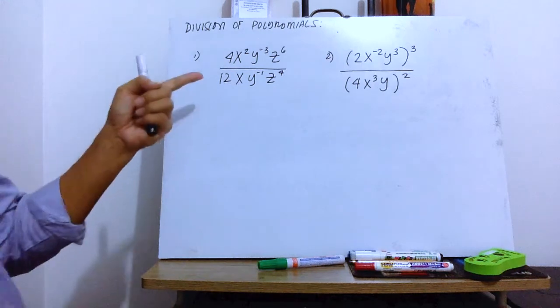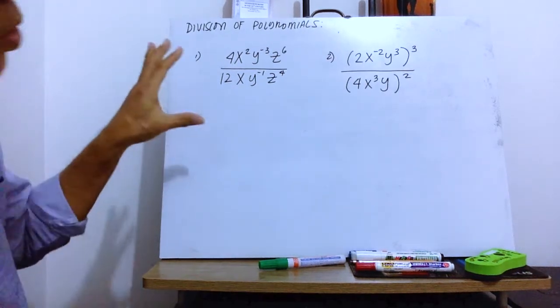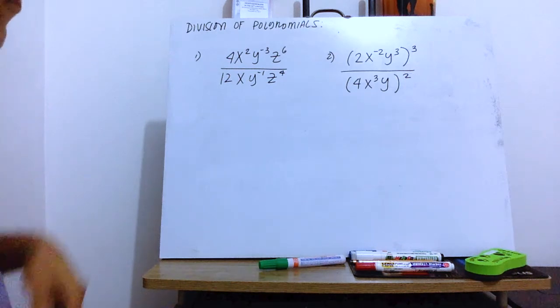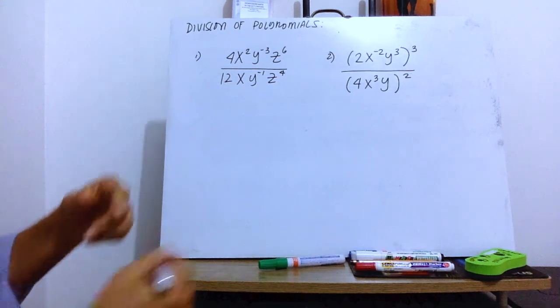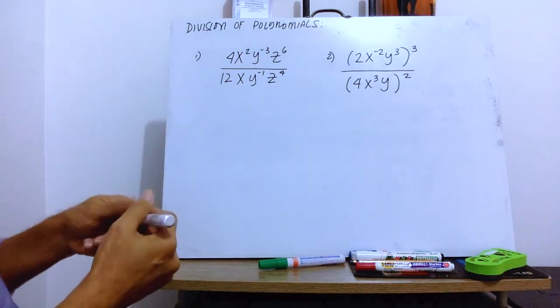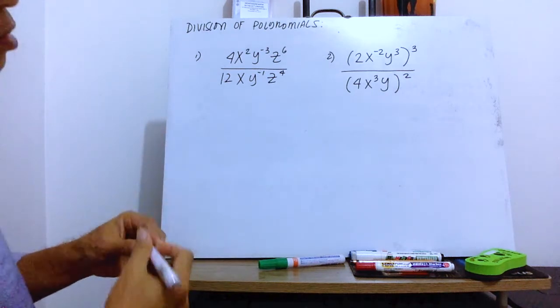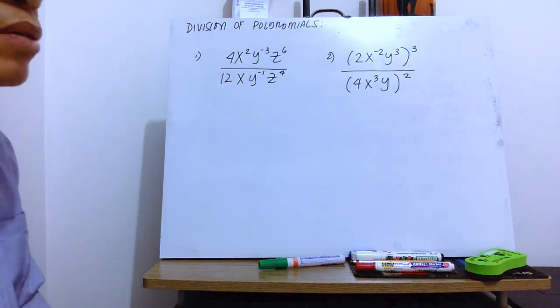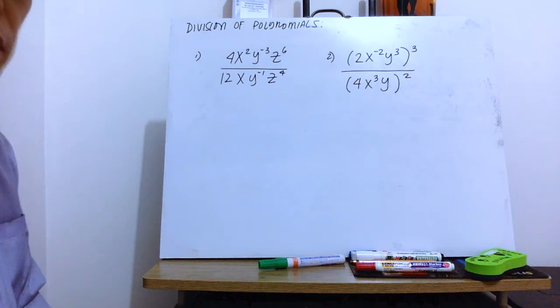Okay, as you can see here, I already wrote a sample problem for us to solve. This is monomial divided by a monomial. Okay, let's start with number 1. Now, like in my previous videos, as much as possible, we simplify numbers or constants.